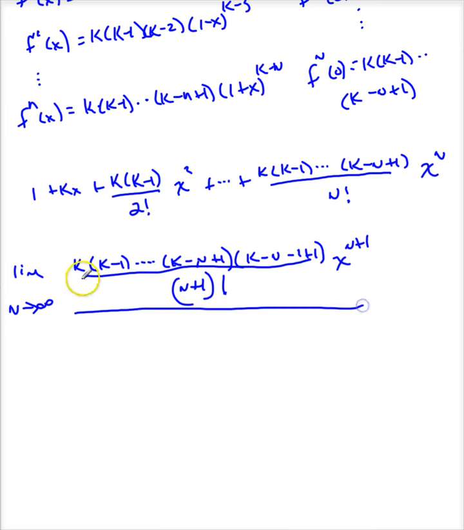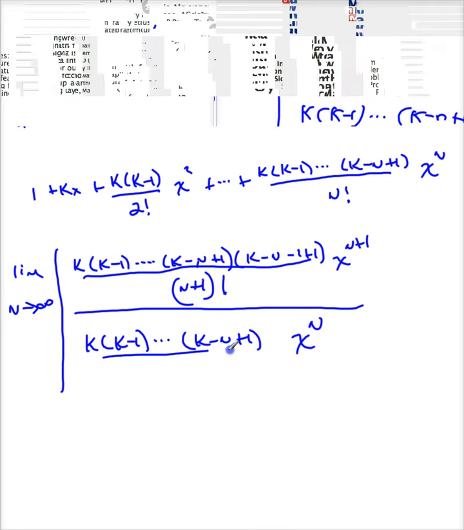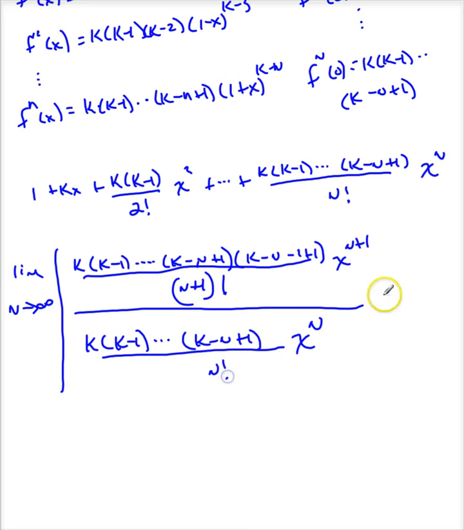And this is all going to be over, and yes, I have absolute value signs here, I'm just losing them, k times k minus 1 up to k minus n plus 1 times x to the n all over n factorial.